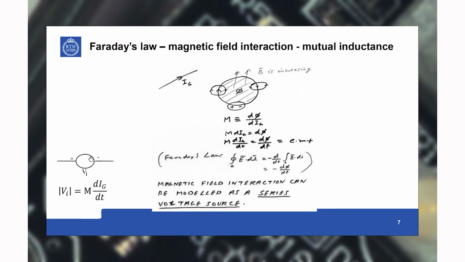The direction of the voltage source needs to be determined by Lenz's law, as we have seen before. And this voltage source Vi is given by M di_g by dt. So we have reduced the magnetic field interaction into a series voltage source with the circuit.